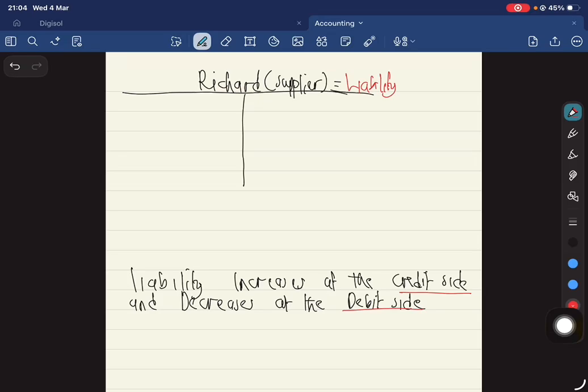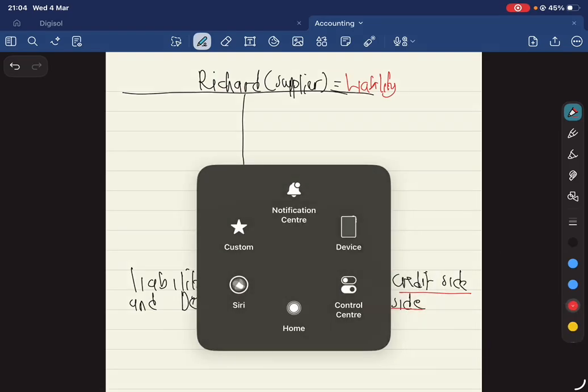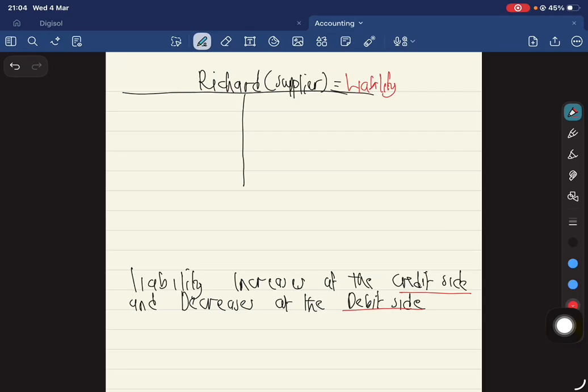So we purchased goods on credit from Richard. Our liability, the people we are owing, has increased. Initially when we started, we had zero liability. We weren't owing anyone, and now we are owing. It increased by 2,000.